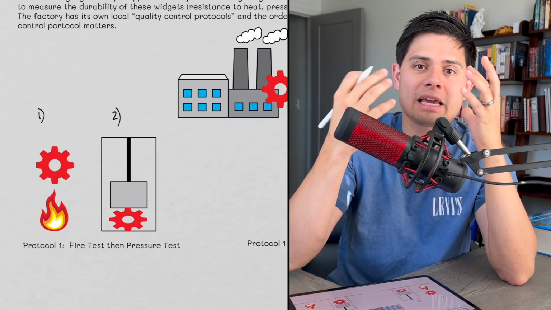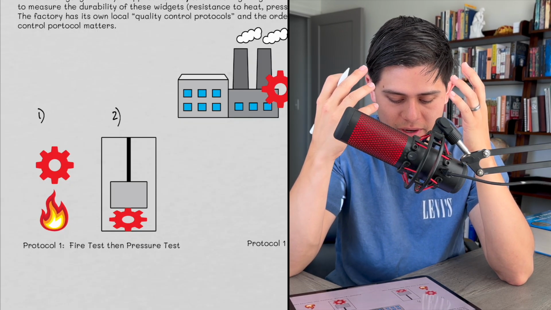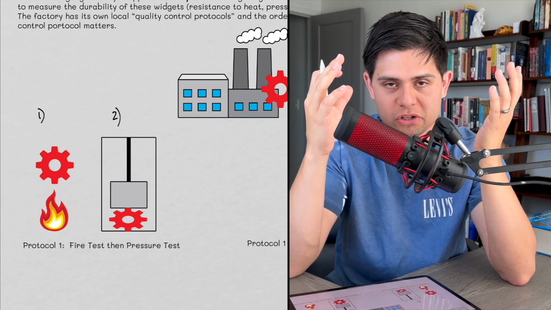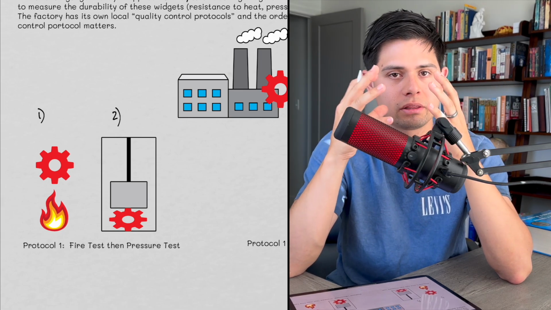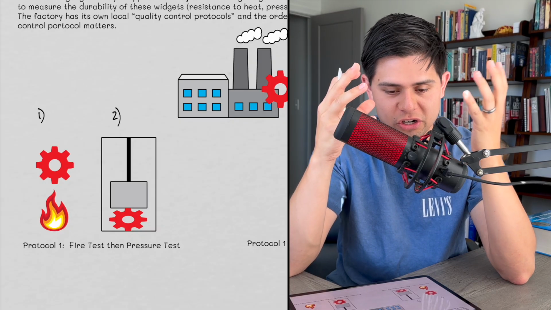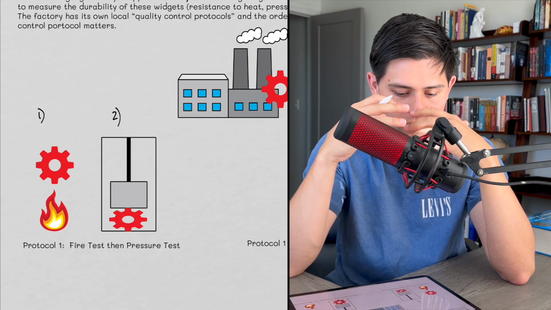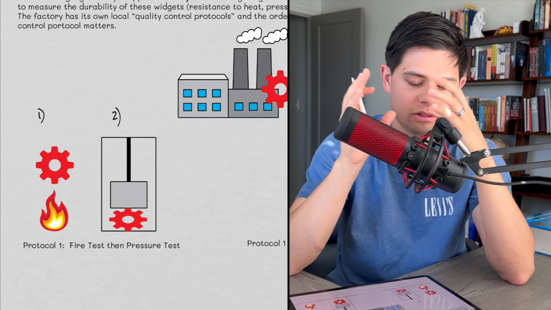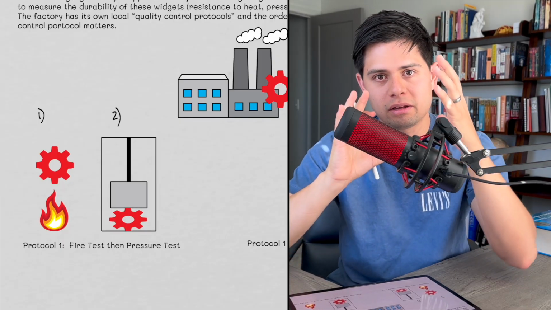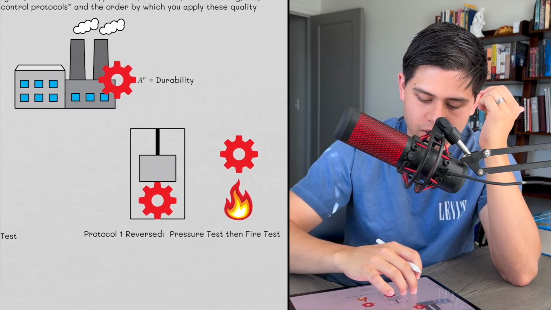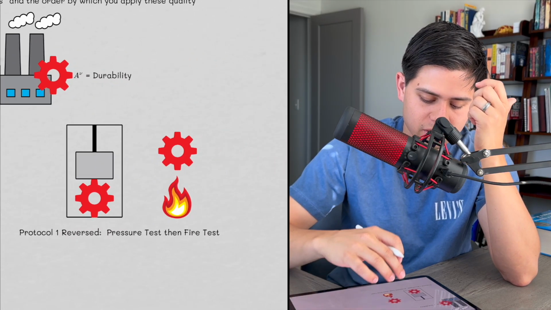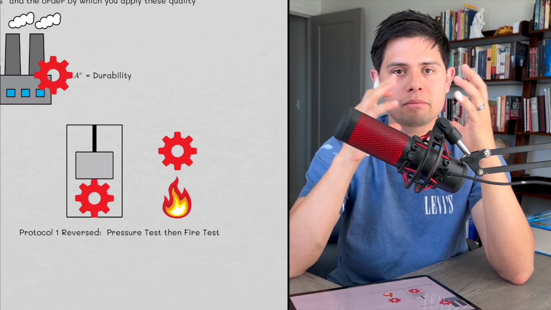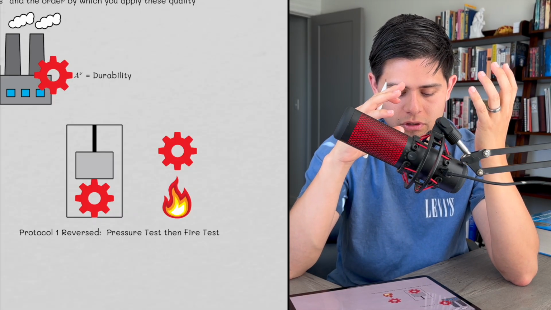And we can see that in the end, we have a deformed object. So you heat it up, and you can use some intuition here. If you heat it up, you weaken the bonds in the widget. All the kinetic energy added to the widget makes it malleable. And so when we add pressure, the malleability gives. But if we do protocol 1 in reverse, the pressure might not make it malleable. So nothing happens.